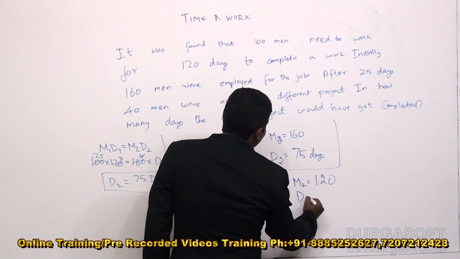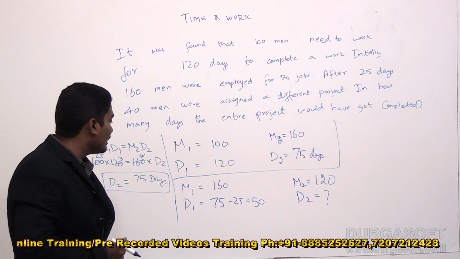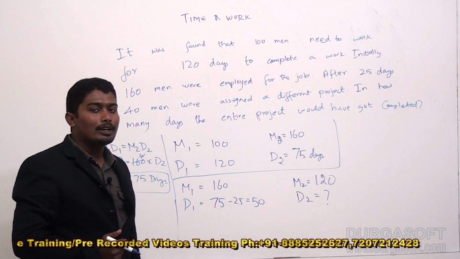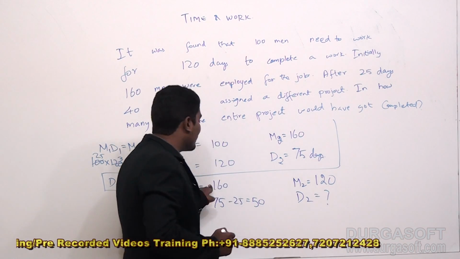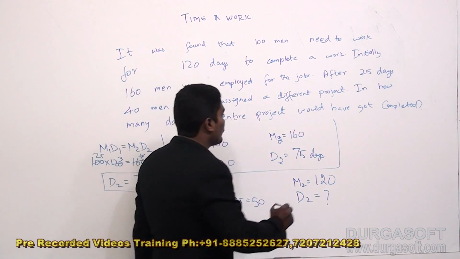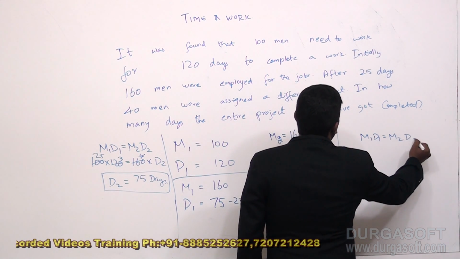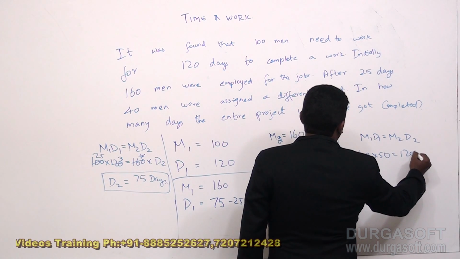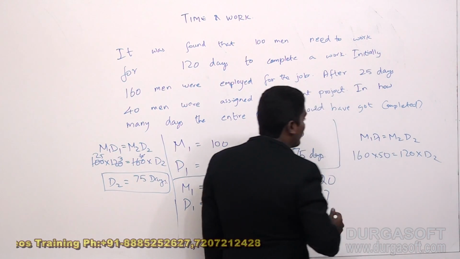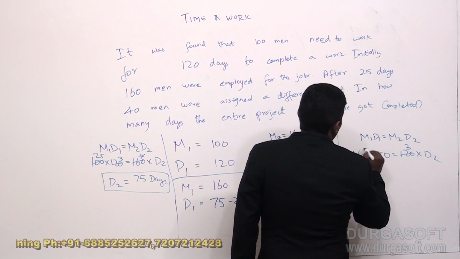So, how many days will 120 men take to finish the work? I will need to calculate this. So M1 D1 will be equal to M2 D2. 160 into 50 will be equal to 120 into D2. Again 40 times 3 times, 4 times.